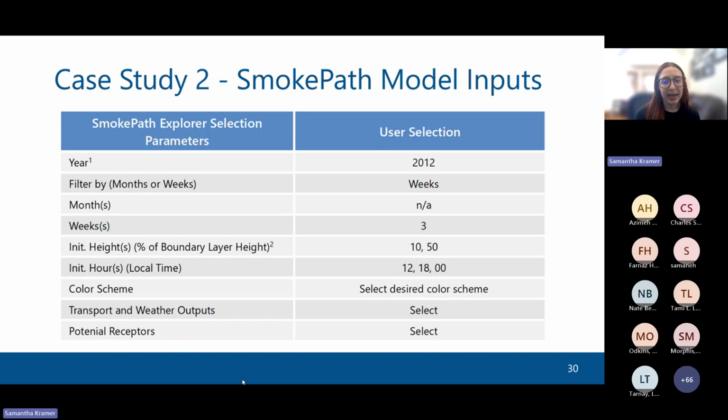In this case, we had the smoke plume being lower because it was a smaller fire, so 10 to 50% of the boundary layer height. Some still significant mixing of that plume, but not necessarily fully flooding the mixed layer. And then we looked at noon through midnight of that night. So not necessarily representing the full day on our profile, but a smaller window, and that does help narrow down your probabilities.